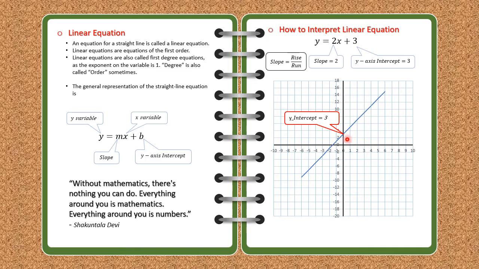Now, what about this point here? This point represents the y-intercept. The straight line will intercept the y-axis at this point, which is equivalent to 3. This point is (0, 3), which is the same here. Now, what about this point here, where the straight line intercepts the x-axis?